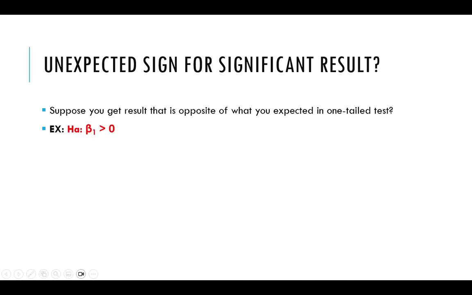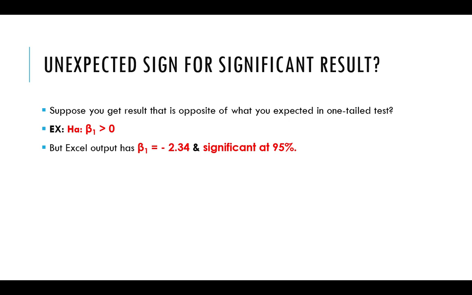So maybe you have a variable, x1, its coefficient being estimated with beta 1, and your alternate hypothesis is that beta 1 is greater than 0. In other words, you think beta 1 will cause your dependent variable to increase. But then you get your Excel output, and the estimate you get for beta 1 is negative 2.34. And you're like, wait, negative? And it's significant at 95%. Remember, if it's not significant, it doesn't really matter.